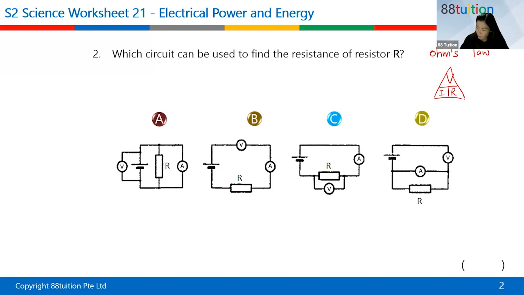In order to calculate resistance, you need to measure the potential difference across resistor R and the current that is flowing in the circuit. So how do you connect the voltmeter as well as the ammeter?